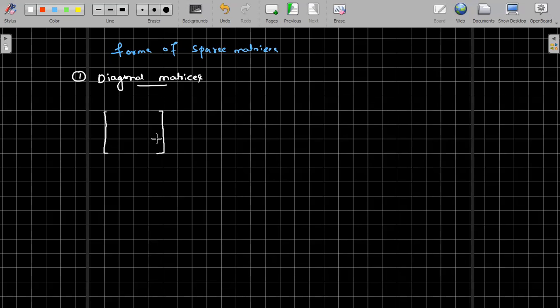Whatever elements you have which are non-zero, they will be in a diagonal format like this. I will show you that, no need to worry. Just see how this diagonal matrix looks.